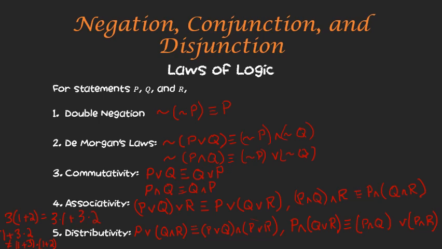So on this next slide, we're going to use these laws of logic to figure out when two compound statements are equivalent without using a truth table. If you're really sick of truth tables and think they're really tedious, you can use laws of logic to do it. This is going to work a lot like algebra, only we have different properties that we can use, different laws apply.